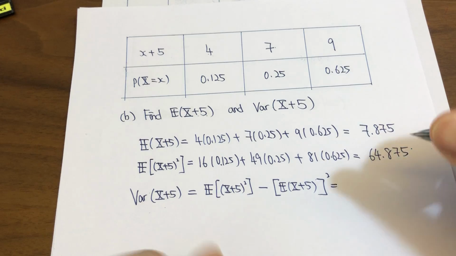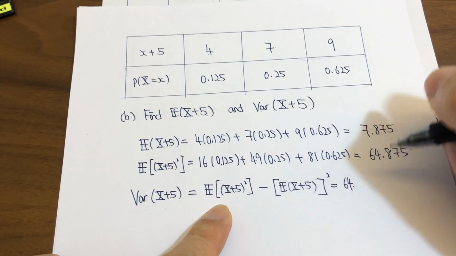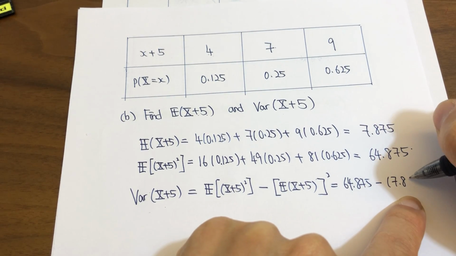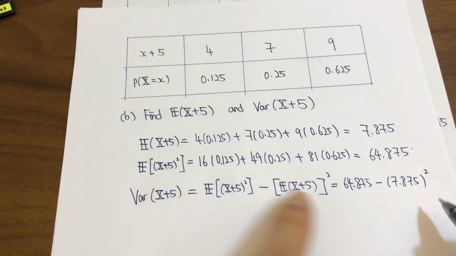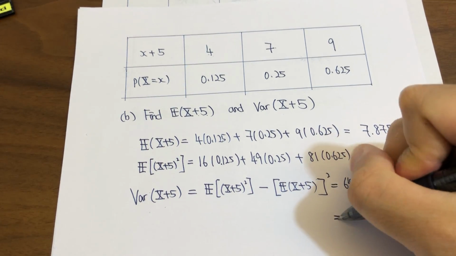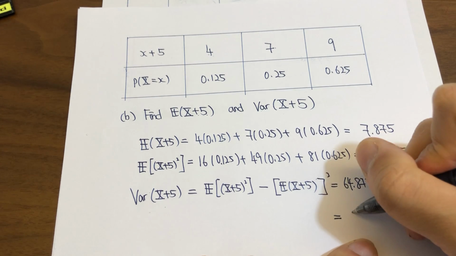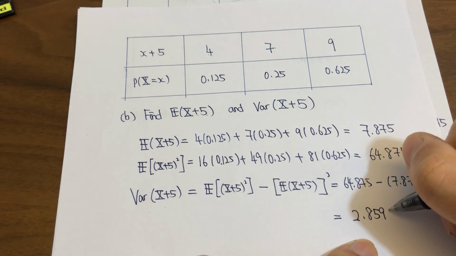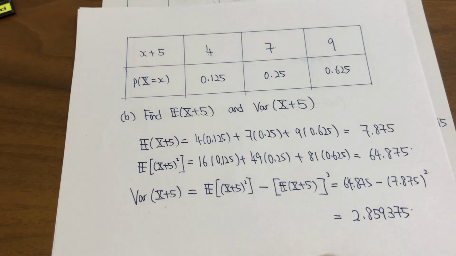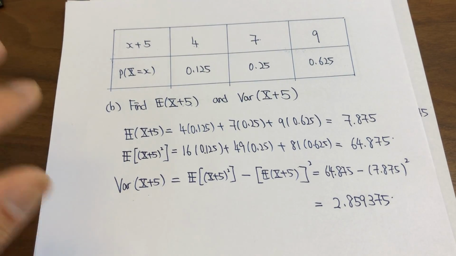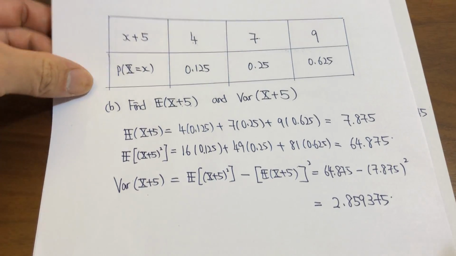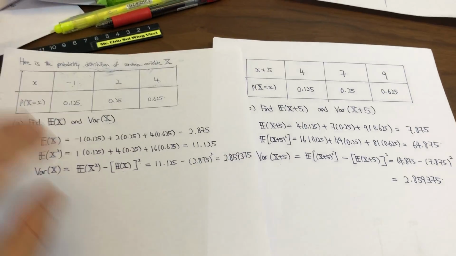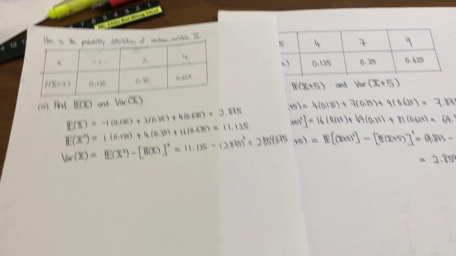Therefore, we have 64.875 minus the square of the expected value of x plus 5. So after the subtraction, we have 2.859375. Okay. And now, let's do a comparison.